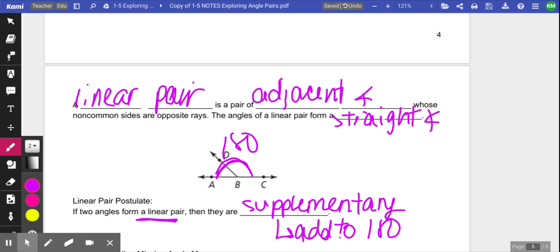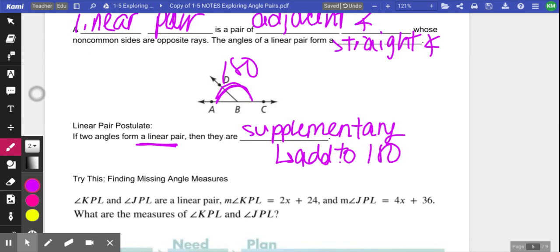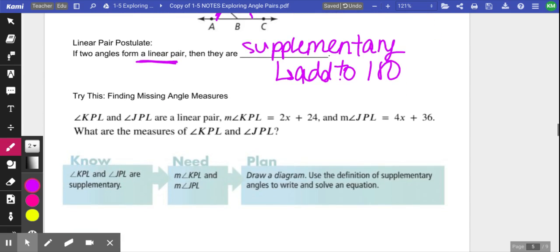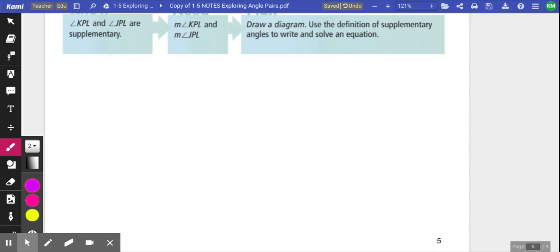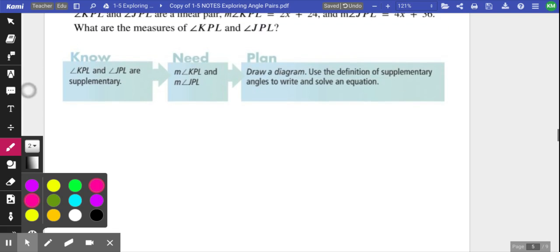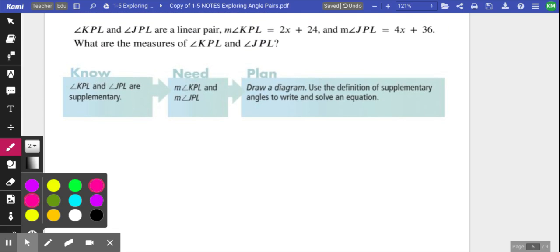All right, so now we're going to use this information and try this out. Here it says, angle KPL and JPL are a linear pair. Let me draw this out. KPL, notice PL repeats in both, so that's their common side.